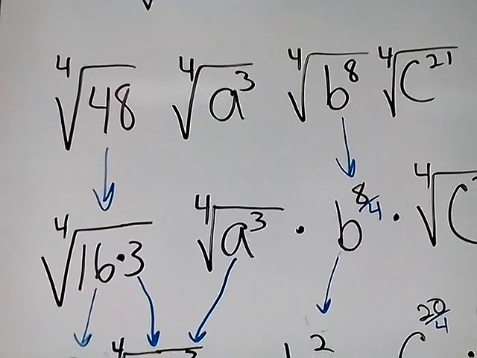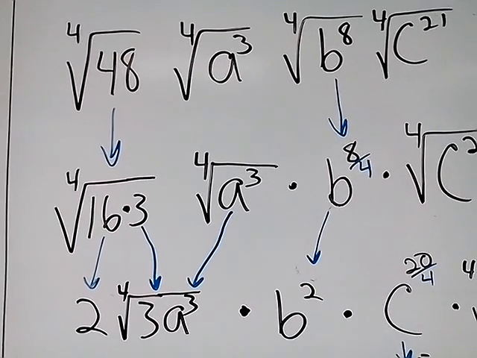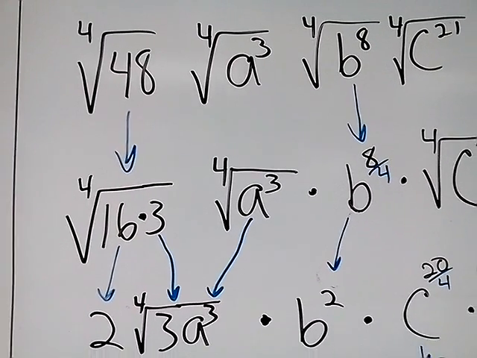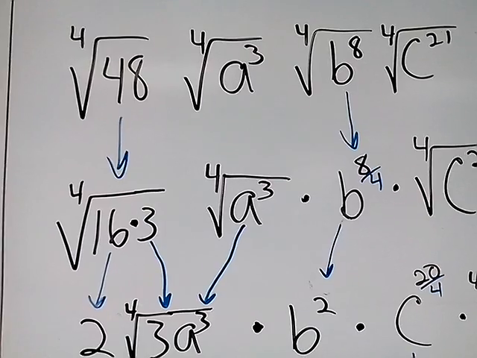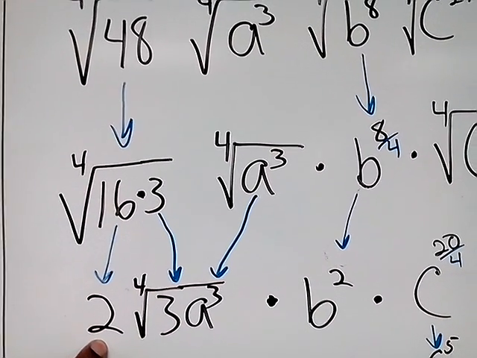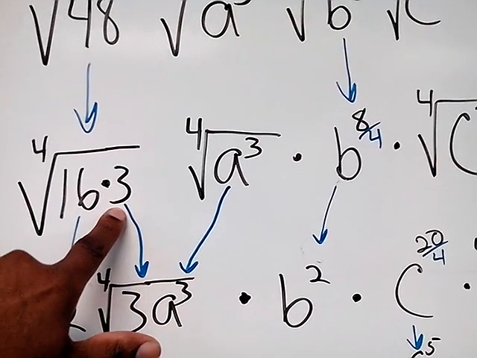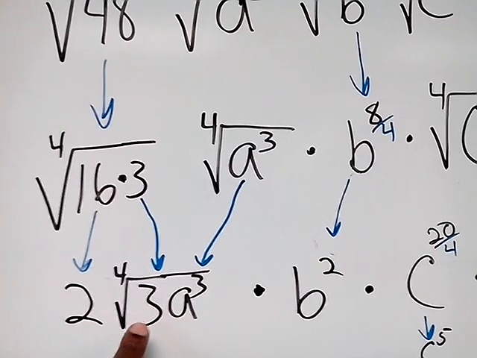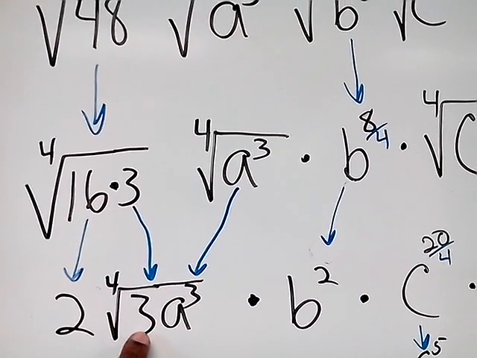So 2 times 2 times 2 times 2 gives us the 16. So the fourth root of 16 is 2. We can't find a fourth root of 3, so we keep that inside of the radical.